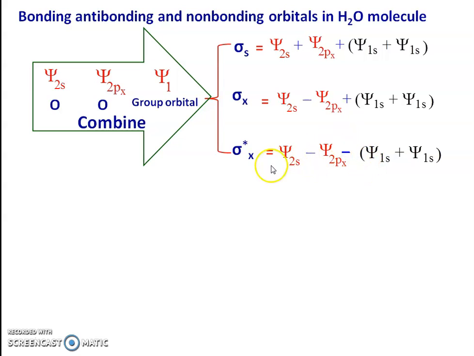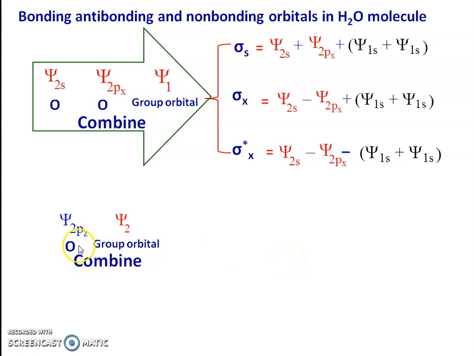At the time of both combinations there is an out of phase combination. So psi 2s combines with psi 2px with out of phase combination, and at the same time psi 2px combines with psi 1 with out of phase combination, and therefore it is an anti-bonding molecular orbital.